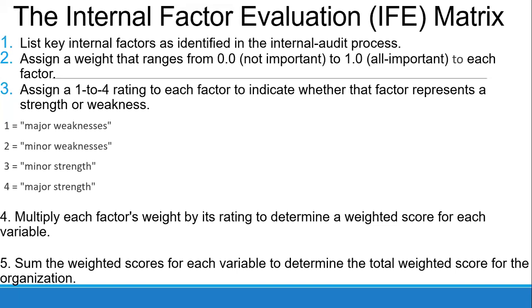Now, the conduct of an internal factor evaluation matrix is usually five-staged, as you are seeing on my screen. And the first stage involves the attempt which is made to list all the internal factors across the varied functional areas, and then identifying how they affect a company's performance.